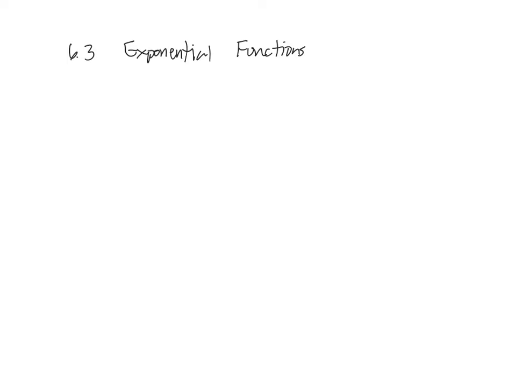So it says compare the graph to the parent function and describe the domain and range. So if we had a problem like this, okay, the parent function part is the 3 to the x.